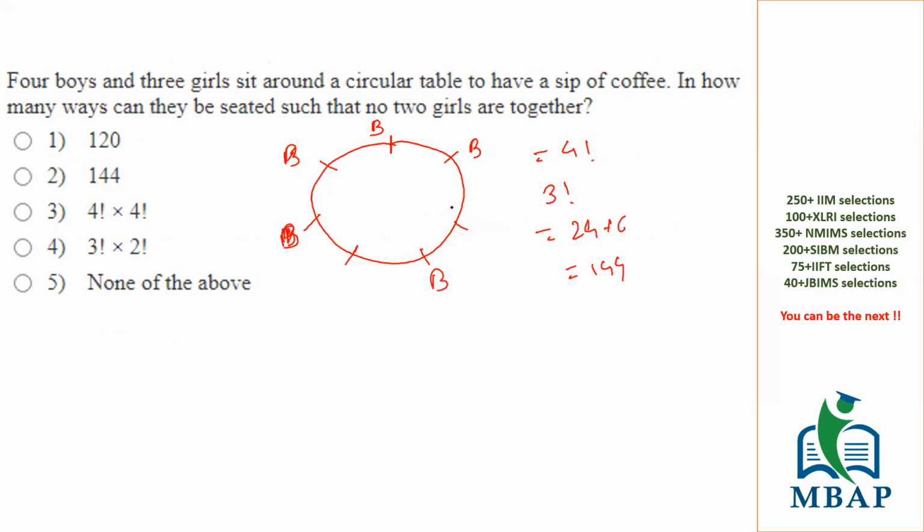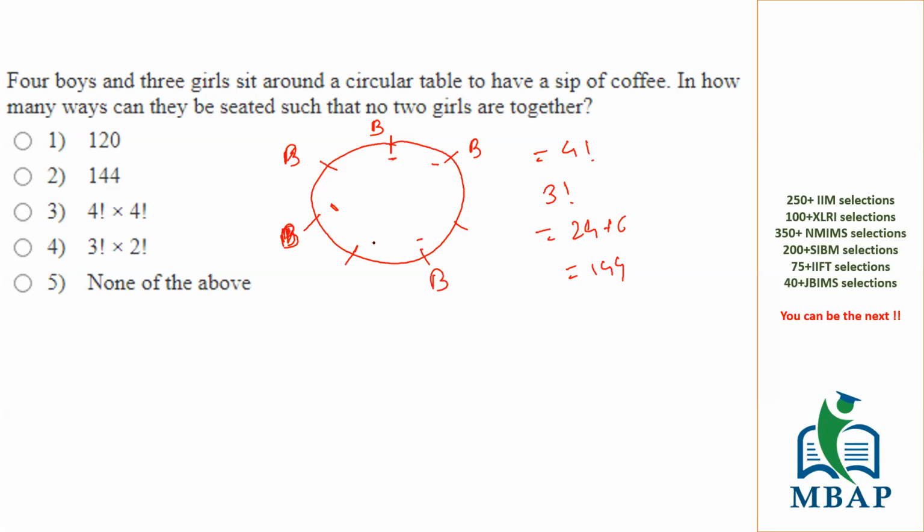See, what happens is whenever at a circular table you have to arrange n people, you can arrange them in n minus 1 factorial ways. But over here, as you have to make sure that no two girls are sitting together, there is a specific way in which the boys are going to be sitting. So we have this one, two, 3 and 4.